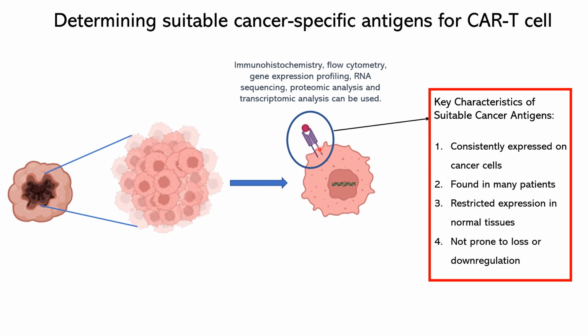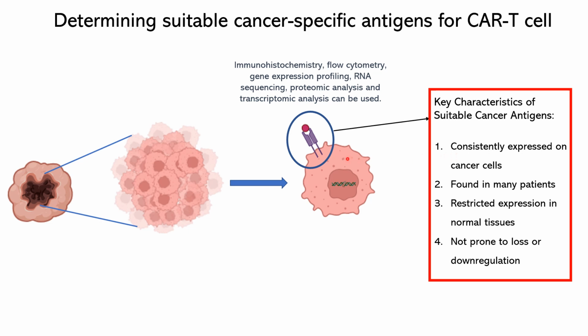So the first step in that process is to identify a cancer antigen with key characteristics, and these are some key characteristics that we need to look for. So the first thing is that this cancer antigen is constantly expressed on cancer cells.